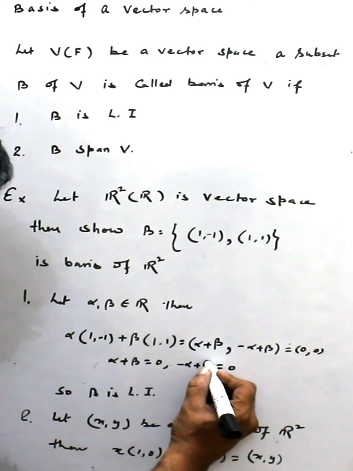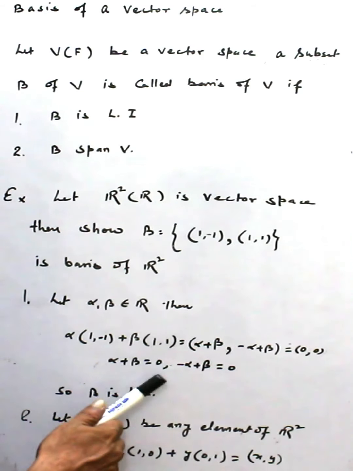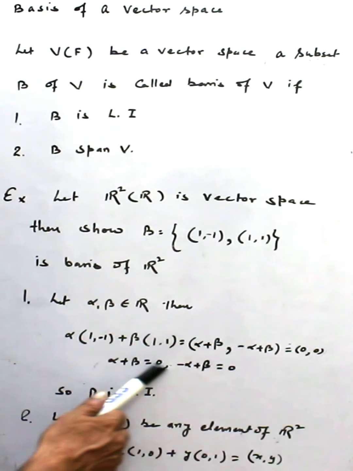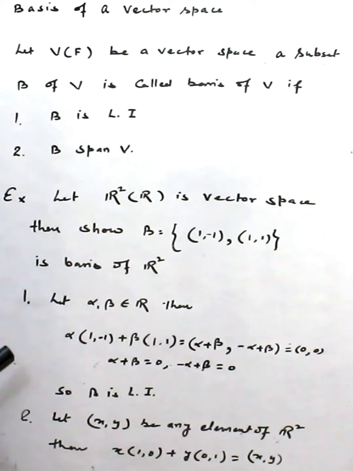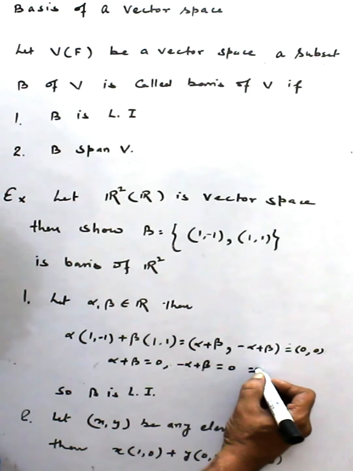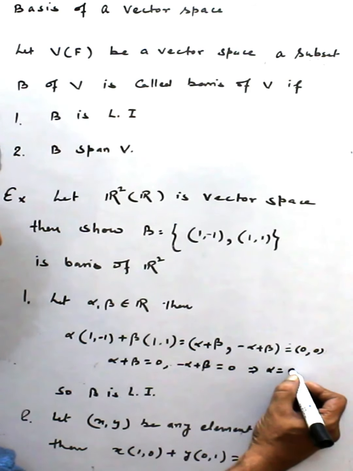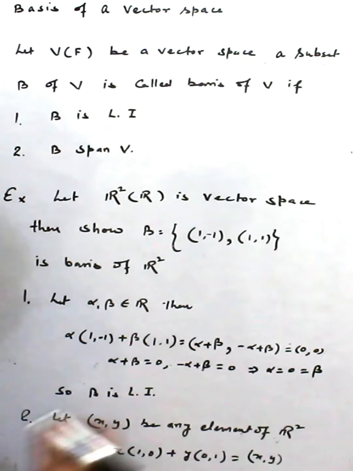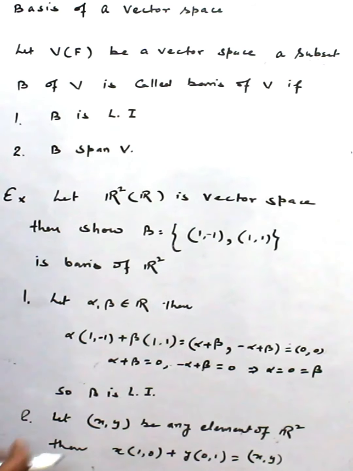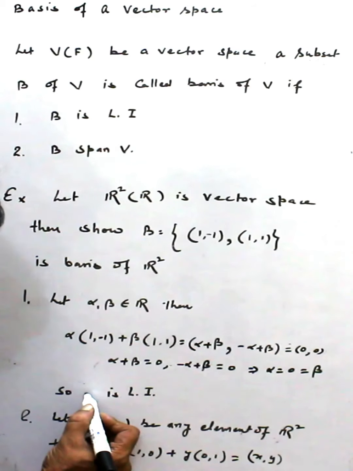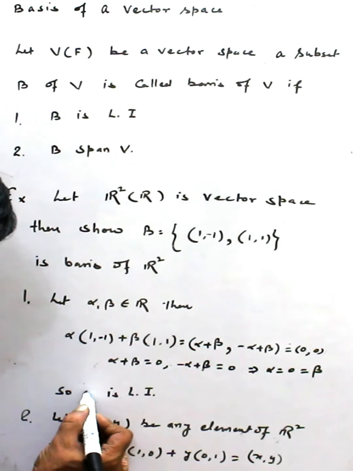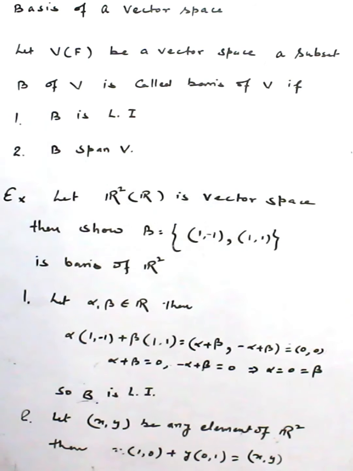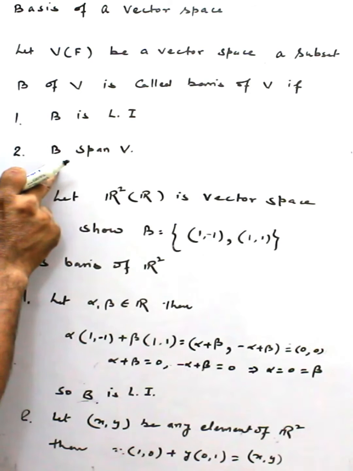If I solve, I simply add these equations, then beta will be 0, and if beta is 0, then alpha is 0. So these two equations give alpha equal to 0, beta equal to 0. So this B is linearly independent.